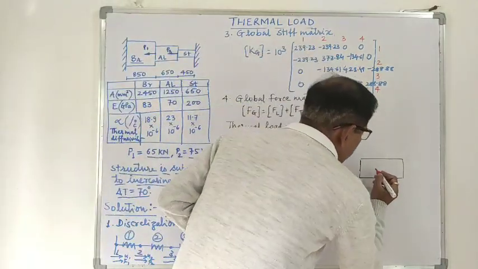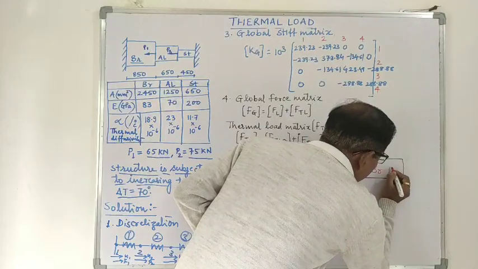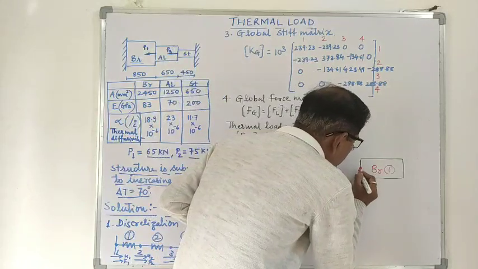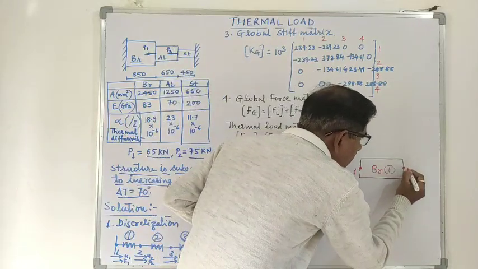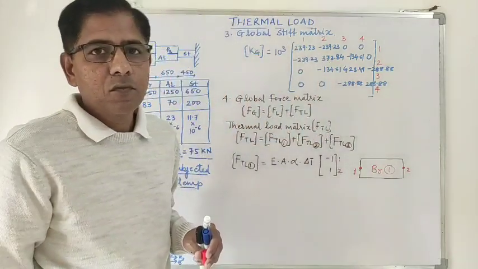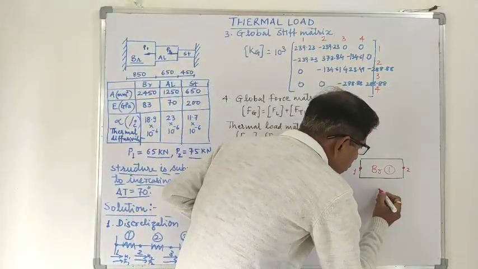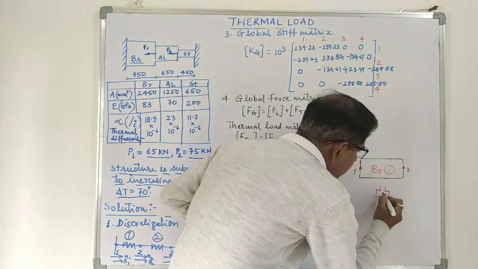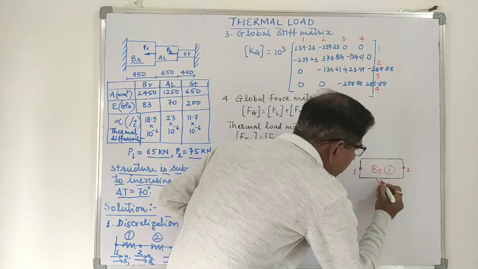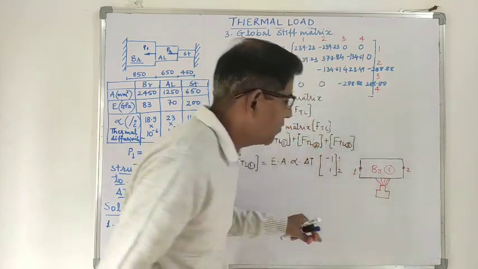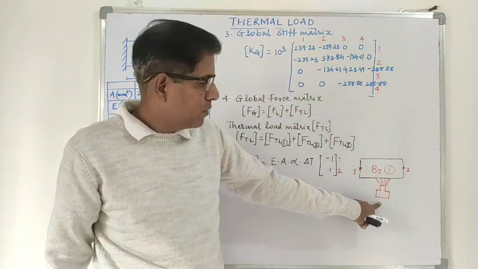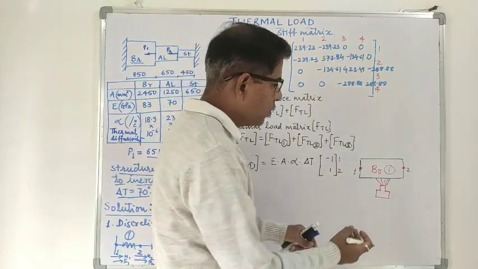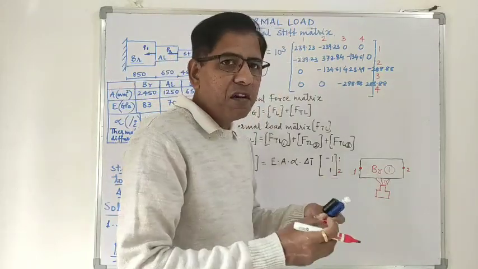Now consider this is a brass member, element number 1. Okay. Now this is our node number 1. This is our node number 2. Now this is exposed to a higher temperature. For example, heat is supplied here. Okay, this is a burner. Consider this is a burner and you are heating this element. Now obviously because of the heat, this brass member will expand.